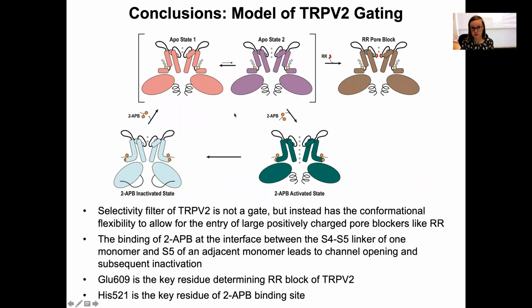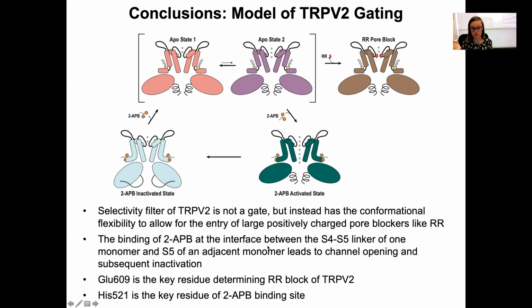Based on all our recent studies, we were able to resolve, using cryo-electron microscopy, a cycle of activation and inactivation of the channel, in addition to a pore block of the channel. So from all our studies, our bigger conclusion is that the selectivity filter of TRPV2 is not a gate as had been proposed before, but instead has conformational flexibility allowing entry of a large positively charged pore blocker like ruthenium red.